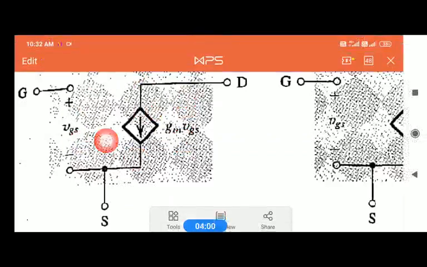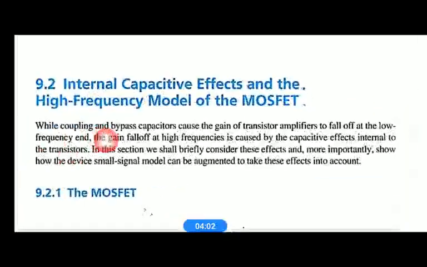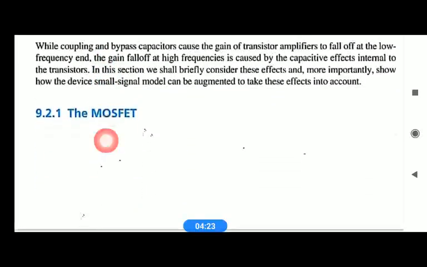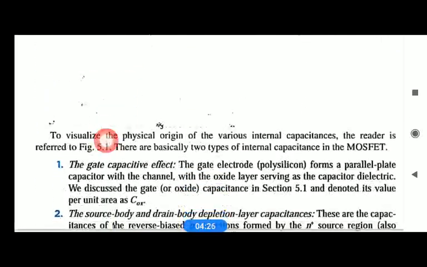So that we are going to study in this topic. So we will study the high frequency model, which includes those capacitive effects also, which are available between different terminals.